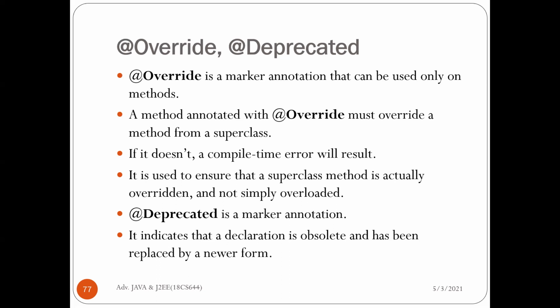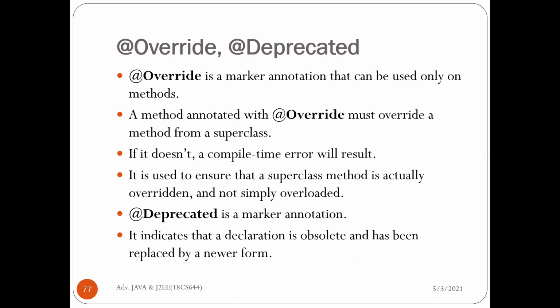Another annotation is deprecated. Again, deprecated is a marker annotation. It indicates that the declaration is obsolete and has been replaced by a newer form. When we are building a very large application, there may be several versions.